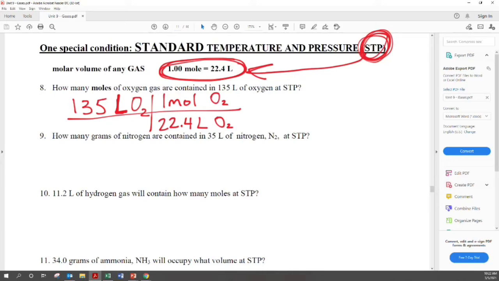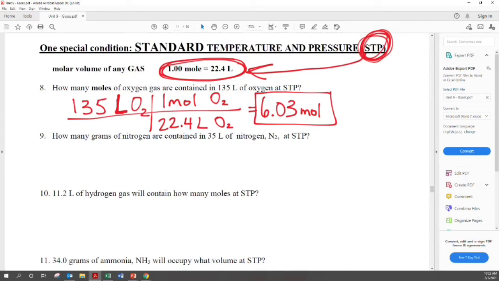And so I'm just having to do 135 divided by 22.4, and that will get me my actual answer. And this turns out to be 6.028, I think. 6.026, which would round up to 6.03 moles.